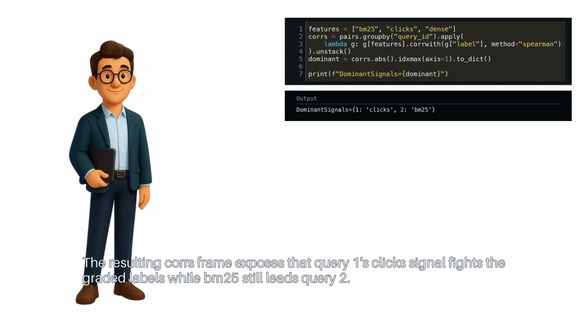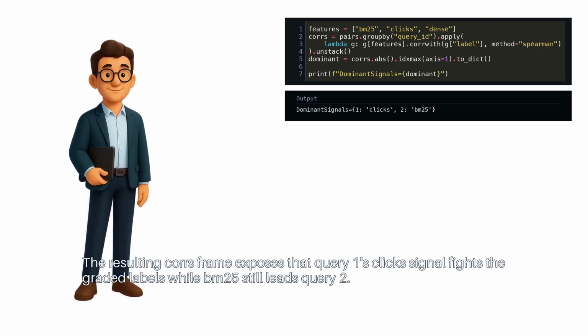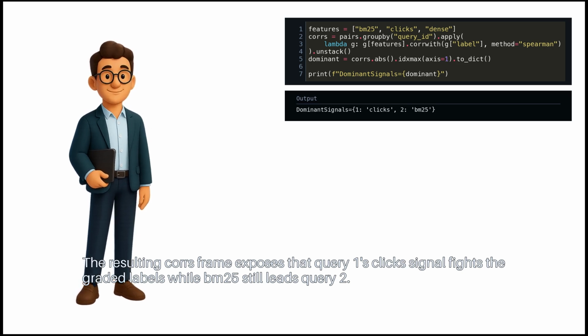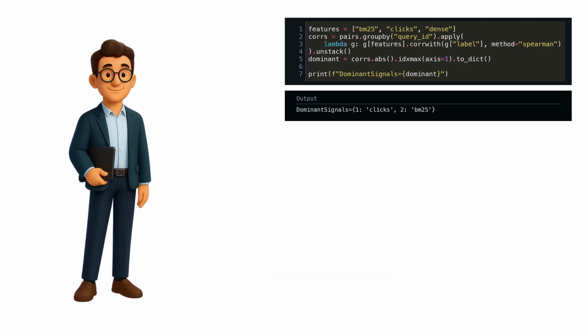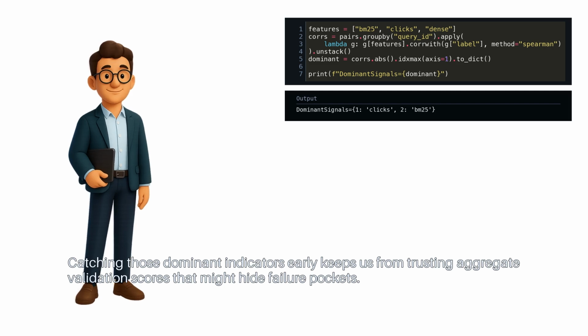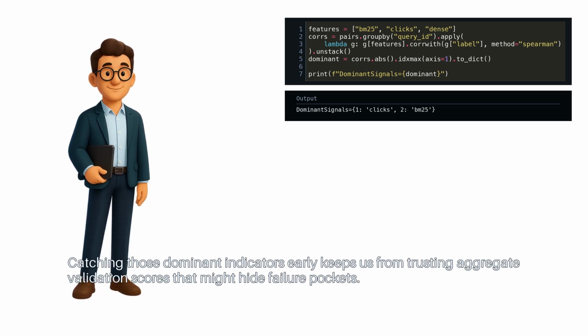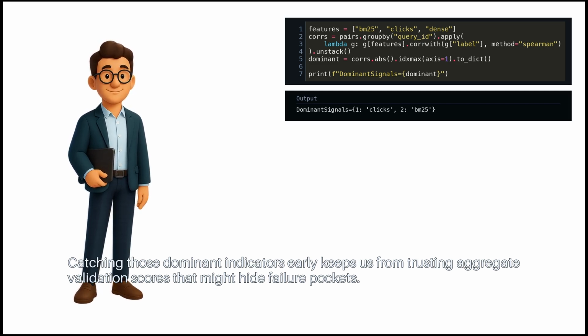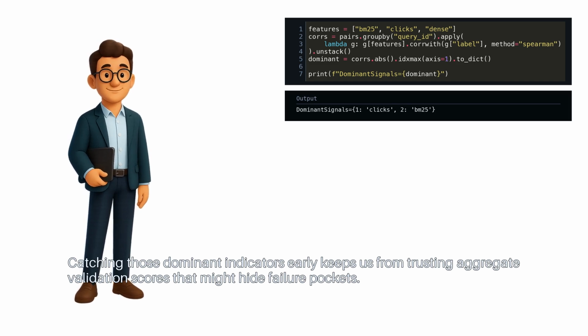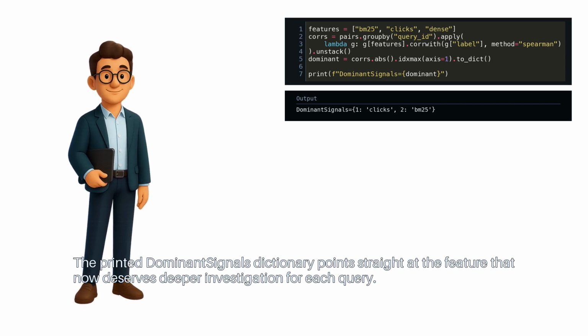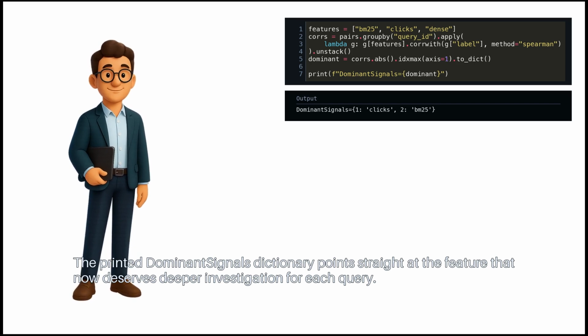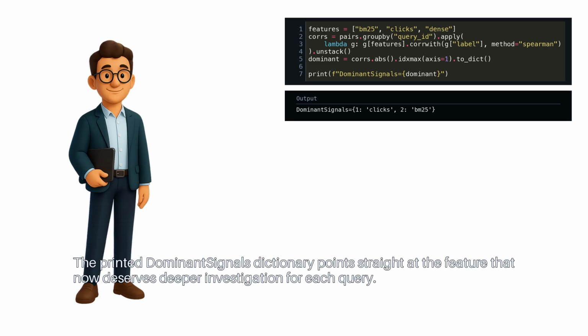The resulting correlation frame exposes that query 1's click signal fights the graded labels, while BM25 still leads query 2. Catching those dominant indicators early keeps us from trusting aggregate validation scores that might hide failure pockets. The printed dominant signals dictionary points straight at the feature that now deserves deeper investigation for each query.